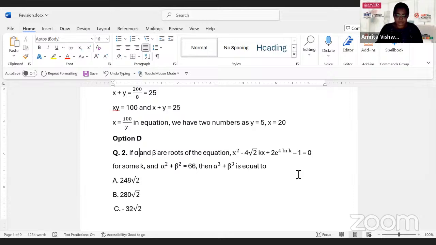I want you to type that value in the chat box. Anyone?